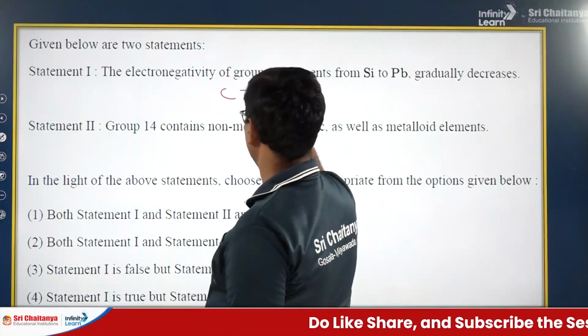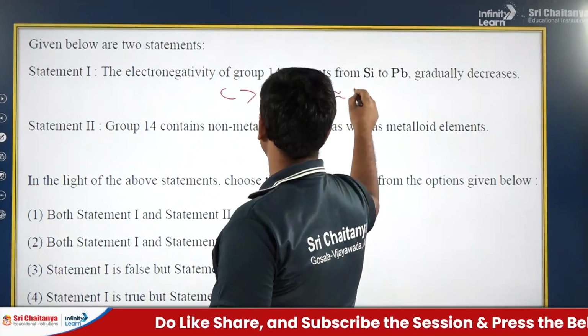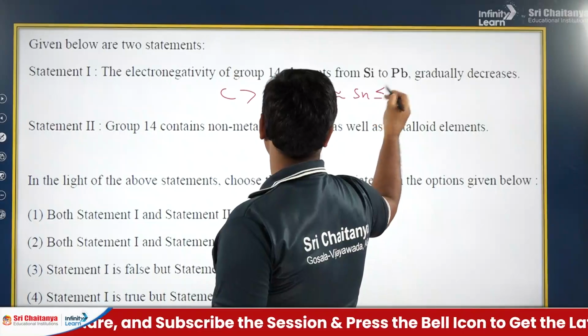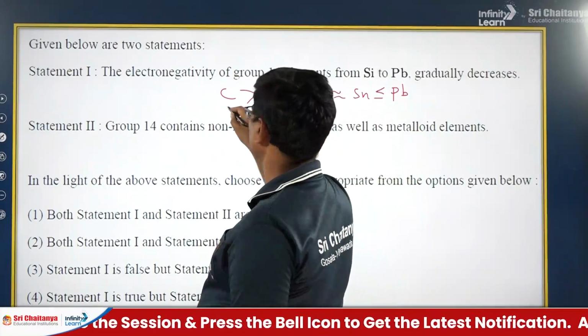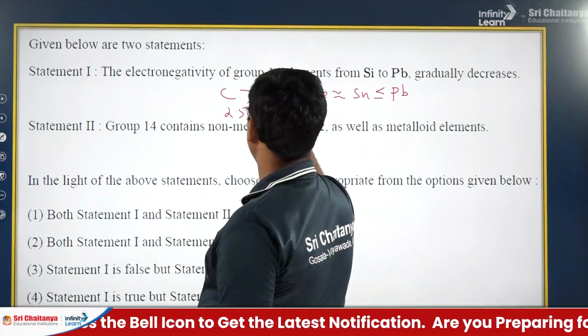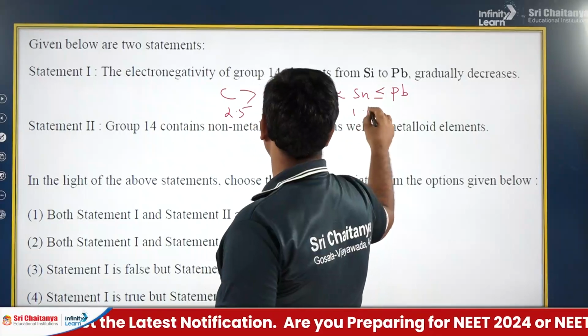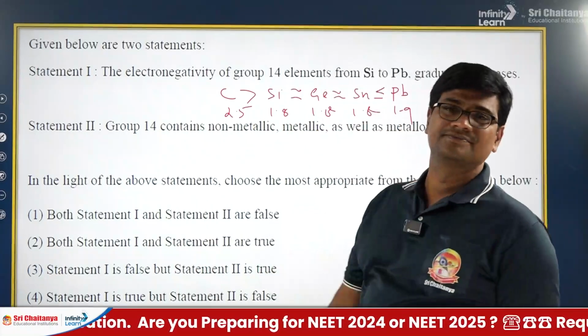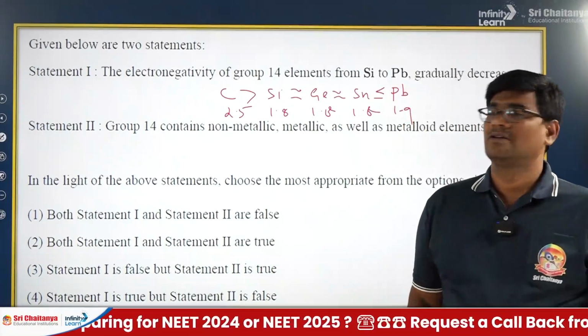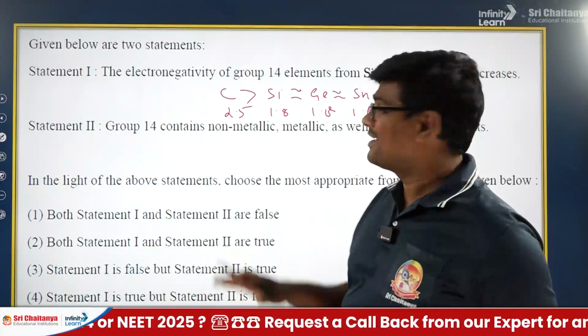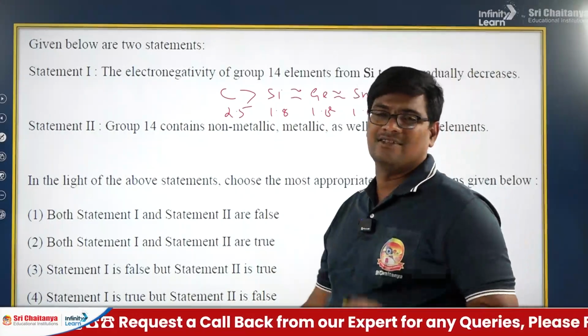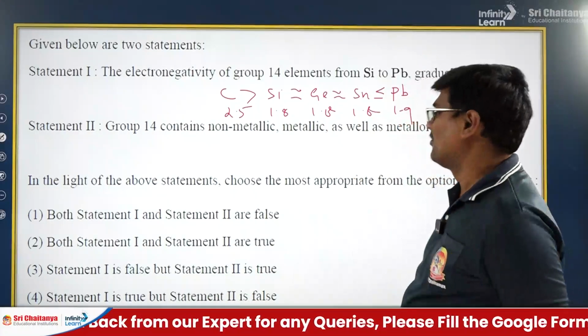Carbon, then silicon equal to germanium equal to tin less than or equal to lead. This is 2.5, this is 1.8, 1.8, 1.8 and this is 1.9. Are you clear with this? So statement 1 is wrong. They are telling gradually decreases. Statement 1 is false.